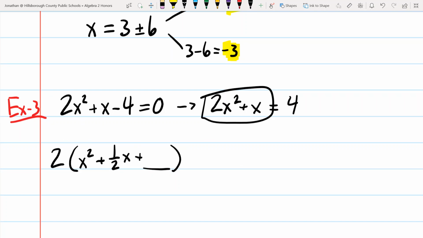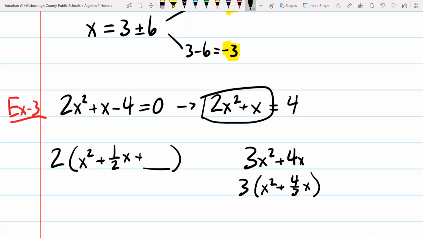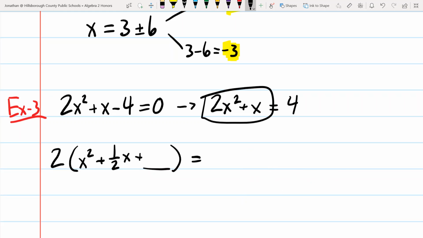It's just that you divide the 1 in front of x by your GCF. For example, if this was 3x squared plus 4x, I could pull out the 3 and make this 4/3 x. Distribute back in, the 3's cancel out, and you're left with 4x. But let's continue with the problem.